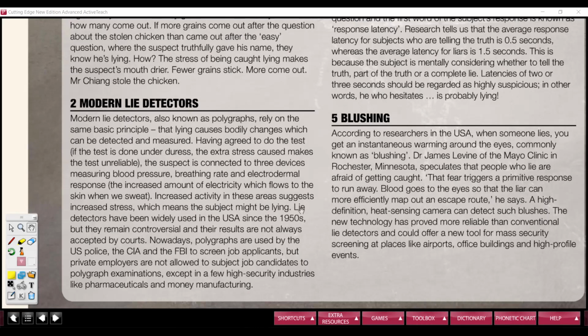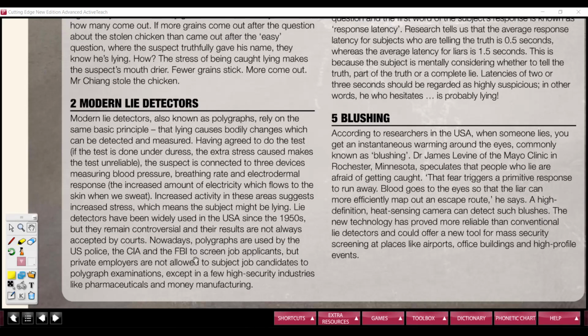Lie detectors have been widely used in the USA since the 1950s, but they remain controversial and their results are not always accepted by courts. Nowadays, polygraphs are used by the US police, the CIA, and the FBI.